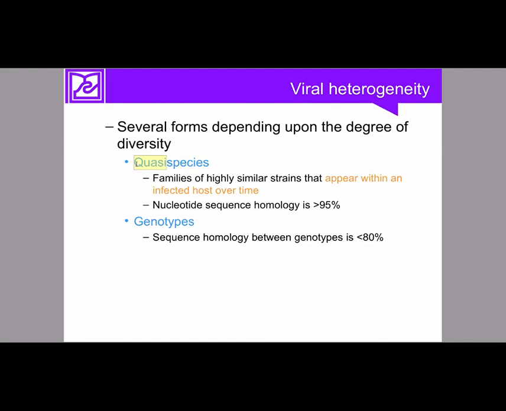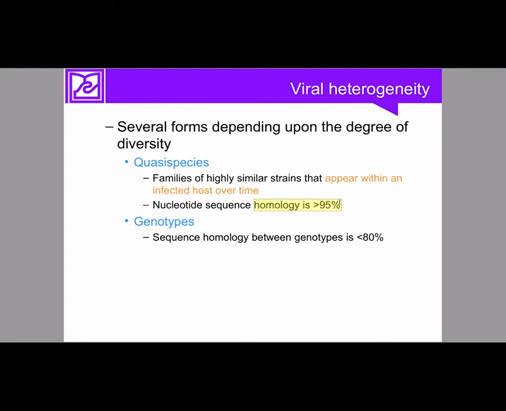After a few weeks, because of mutations, many different quasi-species are living inside the host. They are not very different. They are different only in 5% of the nucleotides. So they are similar. Their homology is more than 95%. So they are not so different, okay? But this is a problem for the immune system, as you will see later.